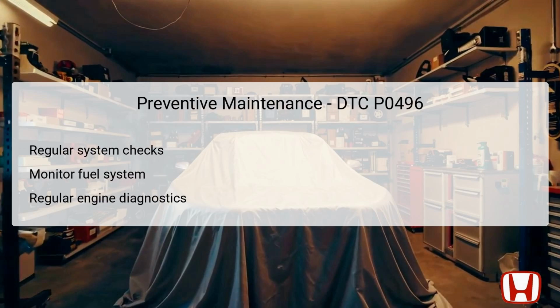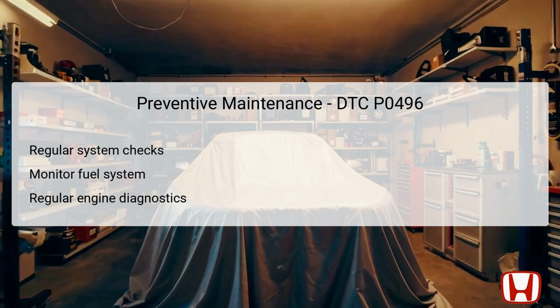Preventive maintenance is key in avoiding recurring issues related to the P0496 code. Regular checks of the EVAP system, including the purge valve and FTP sensor, can prevent premature wear or malfunction. Additionally, monitoring the fuel system for leaks or pressure abnormalities can also help maintain system integrity and reduce the risk of emissions-related faults.